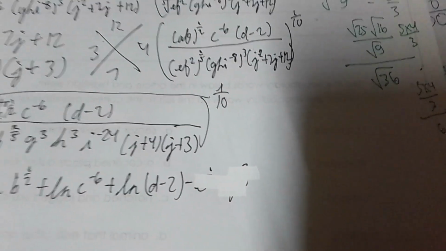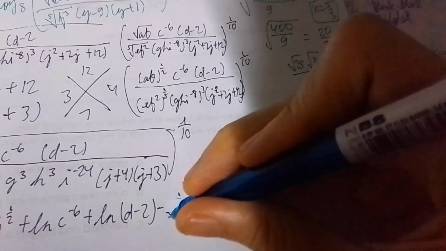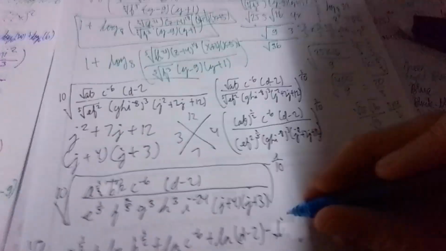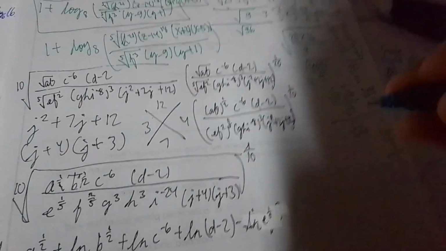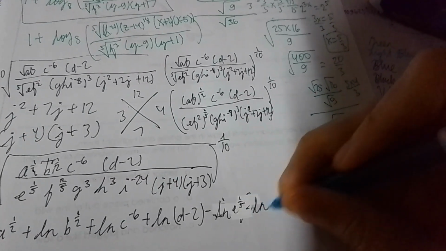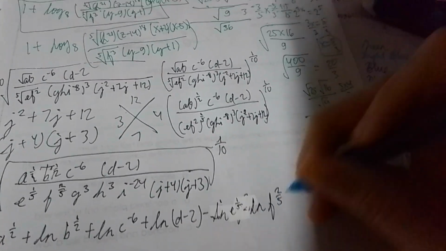I forgot to write ln. Kaya always remember, if you have a long equation like this, be sure to double check what you're writing. Focus, okay? Maybe siguro I was in a hurry. So, therefore, ln of E raised to the 1/5 minus ln of F raised to the 2/5, diba?